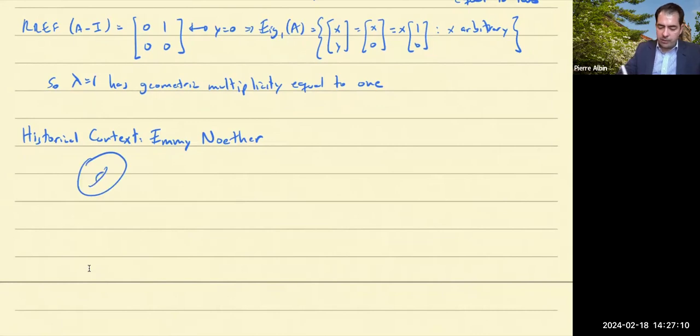Or you could be looking at a donut with two holes, right, or however many holes you want in your donut. Before Noether, people computed the Betti numbers, named after an Italian mathematician. So you'd have B0, which would be the number of connected components.